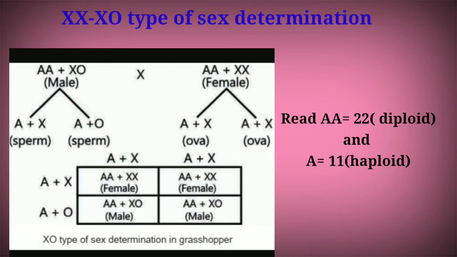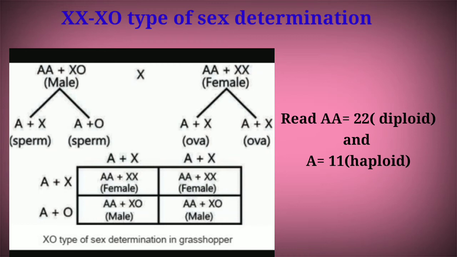But in case of the male gametes, 50% of the gametes will bear 11 plus X chromosome, and some of the male gametes will not receive any kind of sex chromosome. So there it will be only 11 chromosomes, and we write it as 11 plus 0.